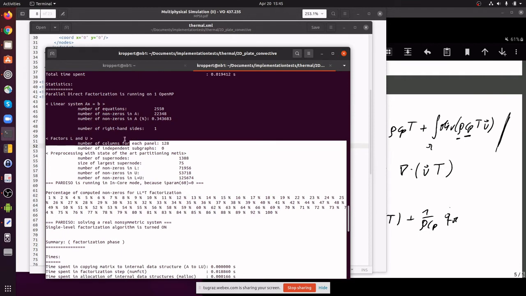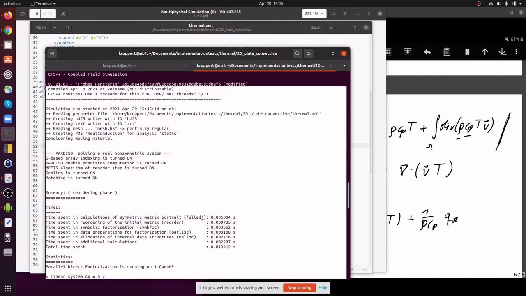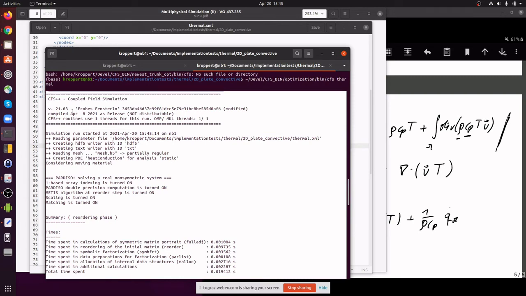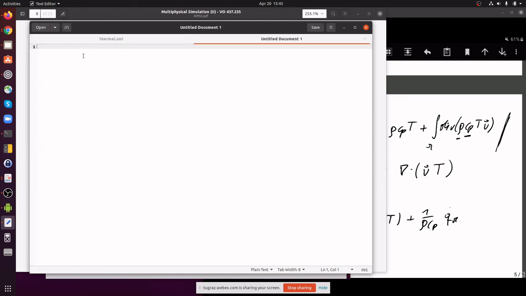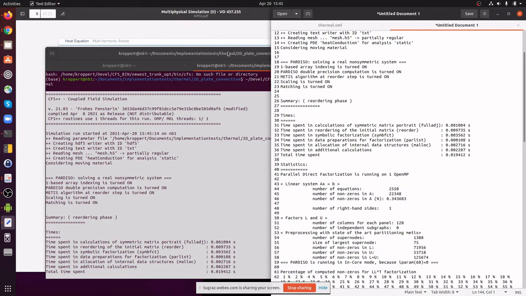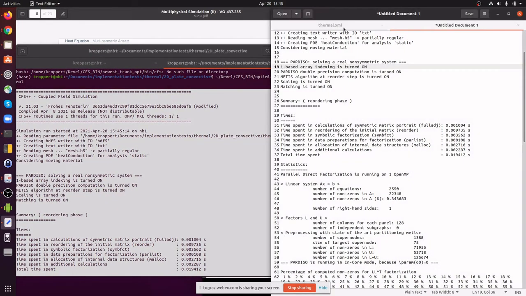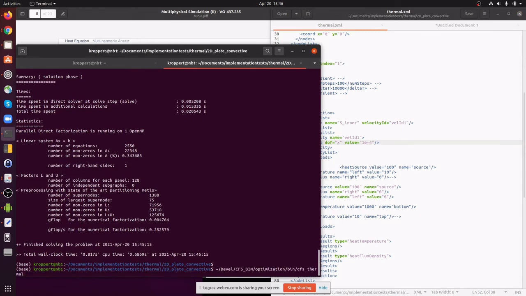So we're using a direct solver in this case, a Pardiso solver, which is a very fast direct solver, and a solver that can handle really dirty systems, as this one is. So I'll copy that into this editor, and now we change the velocity back to a higher velocity and simulate it again.